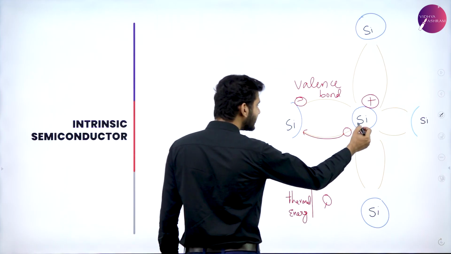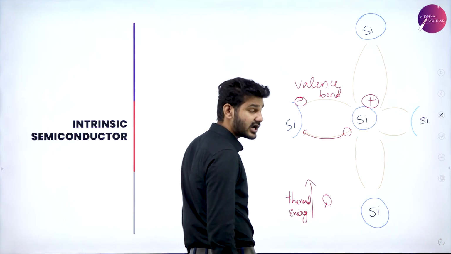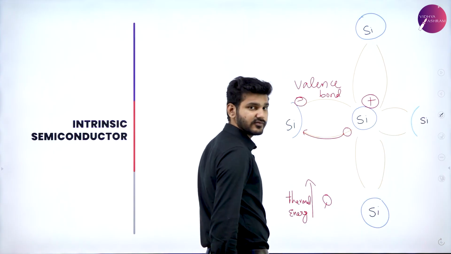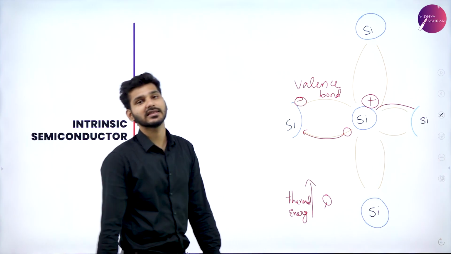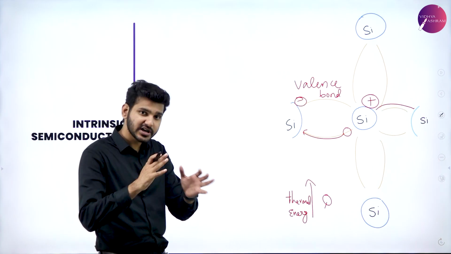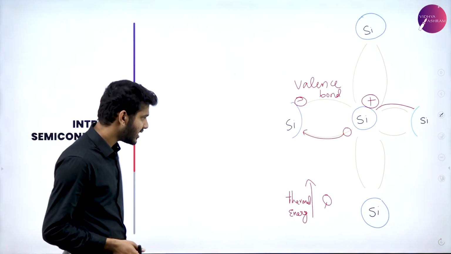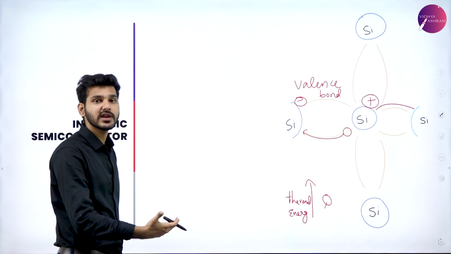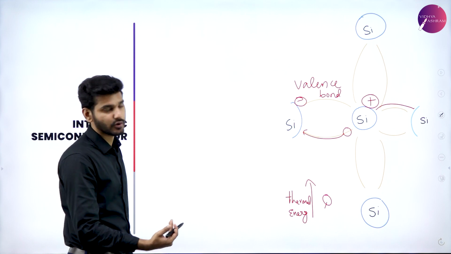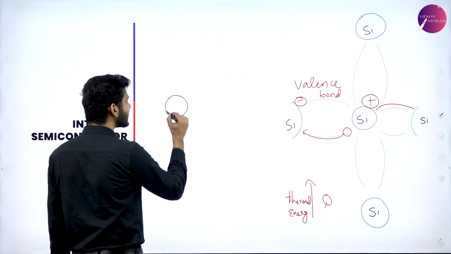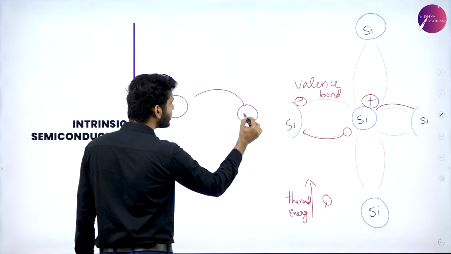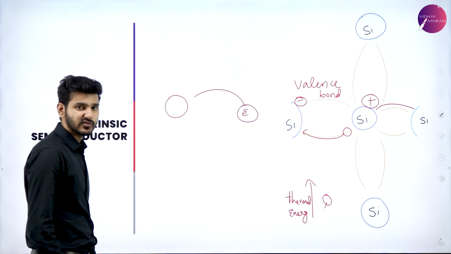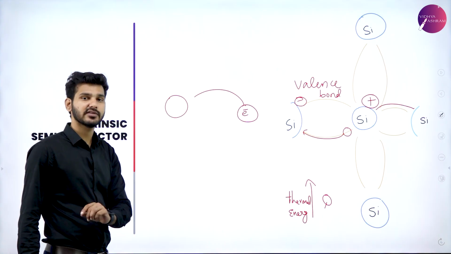Whenever this positive charge is created here, the very next atom will actually donate one electron, filling in that particular gap. So this process is like a hole formation and the filling of that hole. That is, if there was an electron here initially, let's say that electron jumped to the immediate vicinity, which means there is a gap formed here.